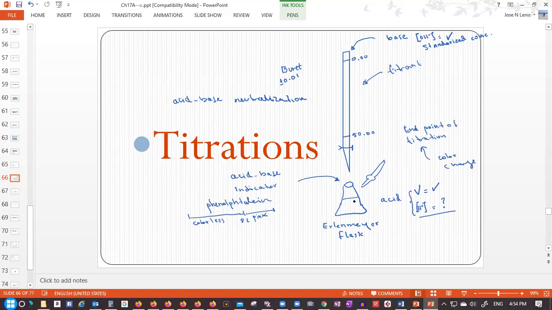I showed you last time a table with many different types of indicators, each one changing in different pH ranges. So we need to choose the right one depending on the end point of your neutralization, the equivalent point of your neutralization.